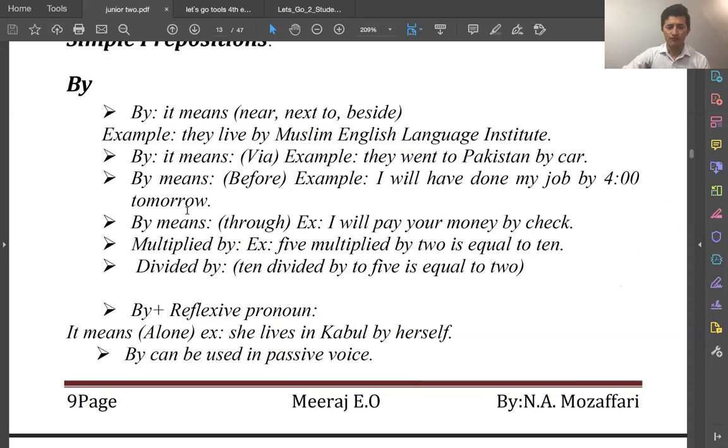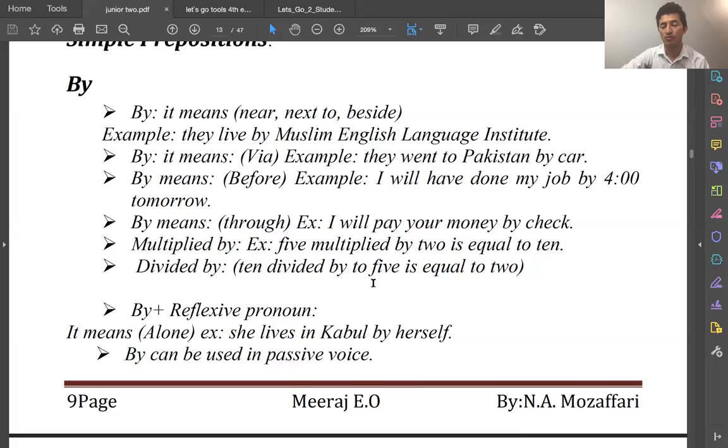Number five: the fifth one is multiplied by. You use multiplied and by. Like what? 5 multiplied by 2 is equal to 10. That means 5 times 2 equals how much? 10. So every time you use multiplied, you can say the word by. Okay, multiplied by.